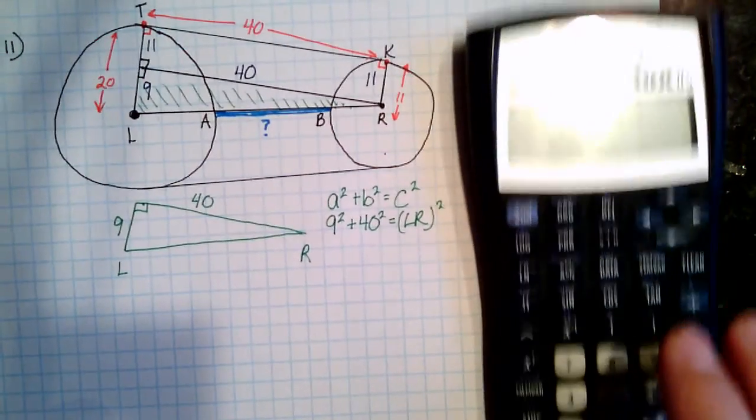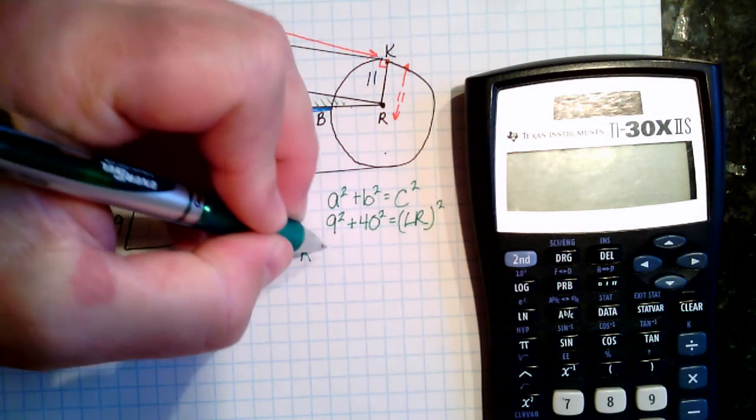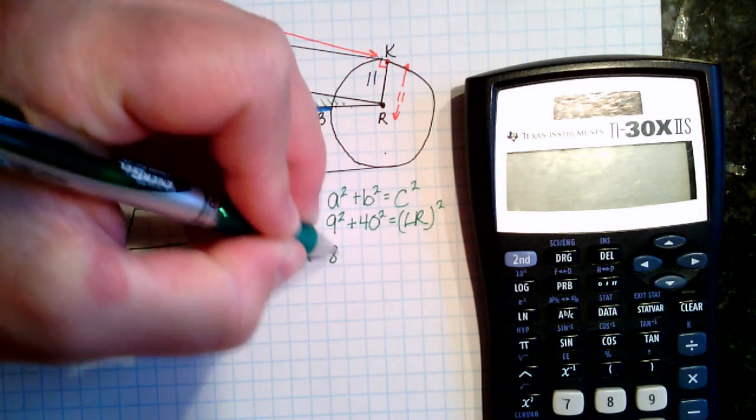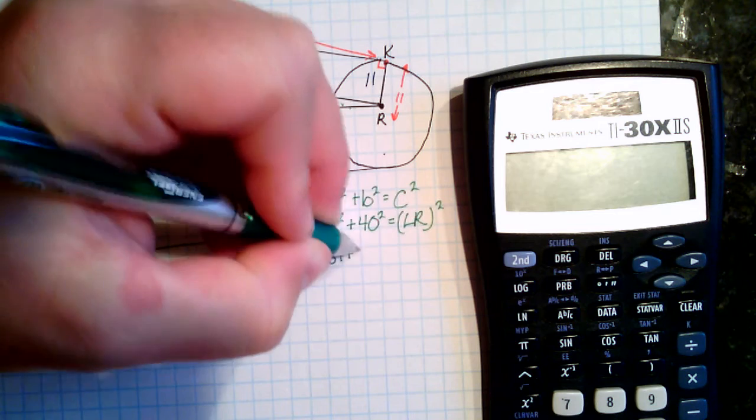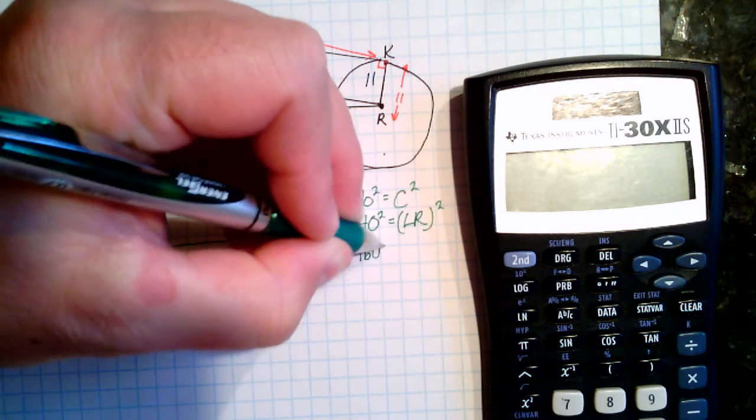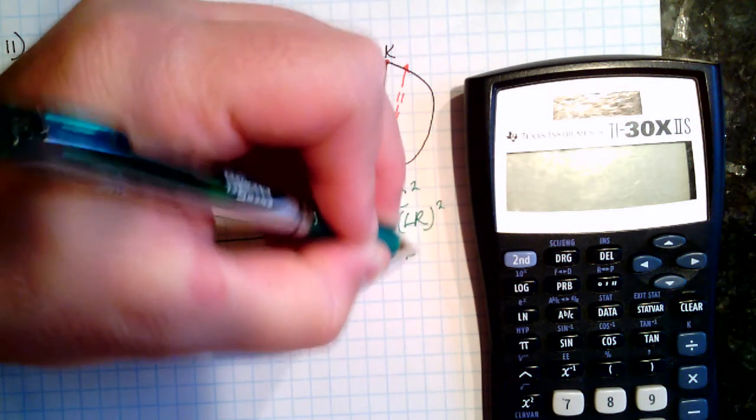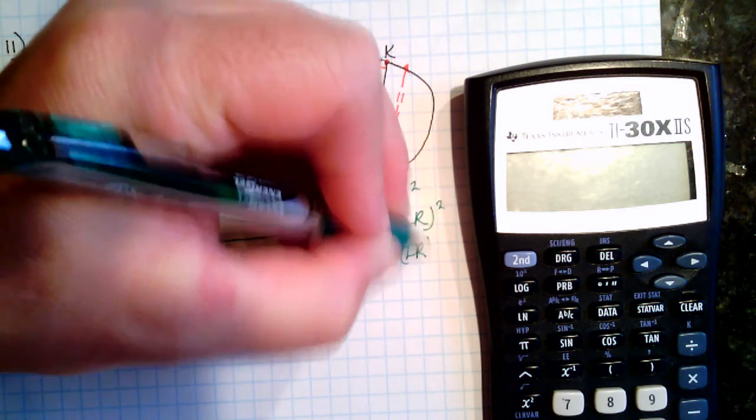So a couple ways to do this, maybe on your calculator. One is you could simplify this and do 81 plus 1600 equals LR squared.